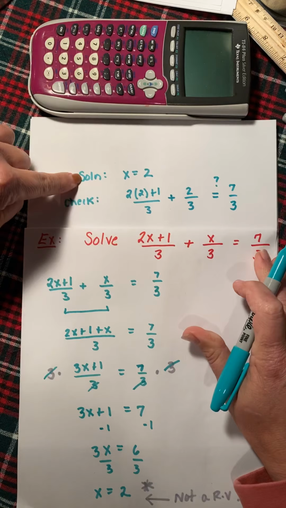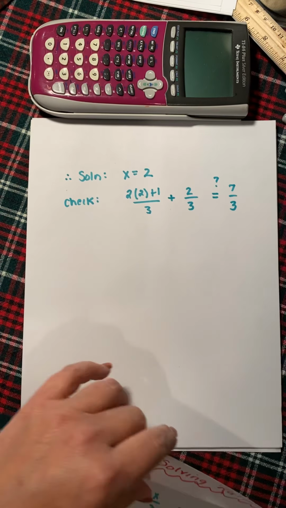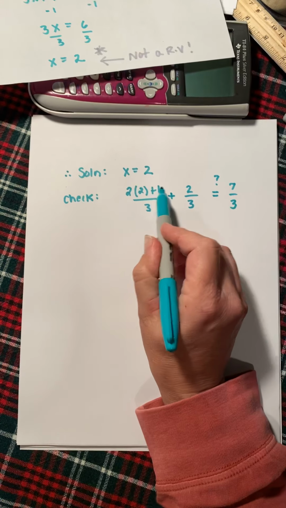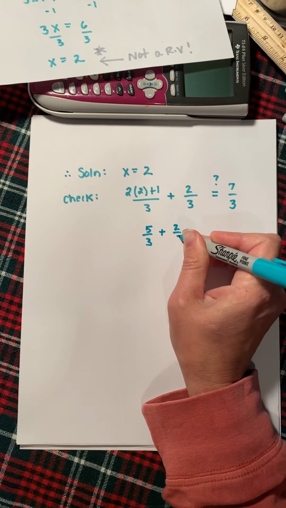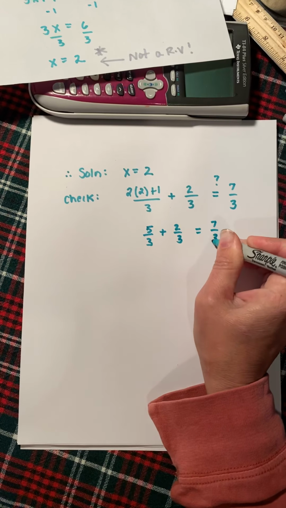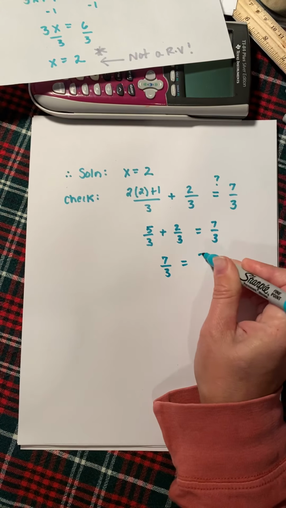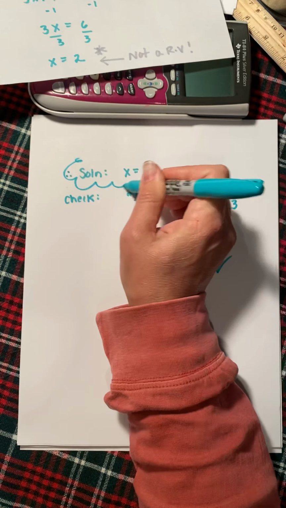If this is not a restricted equation and we did our math correctly, then this answer will always work. So now let's do 2 times 2 is 4 plus 1, 5/3 plus 2/3. Does that equal 7/3? Well, 5/3 and 2/3 is 5 plus 2, which is 7/3. 7/3 equals 7/3, so it does work. So there is our solution.